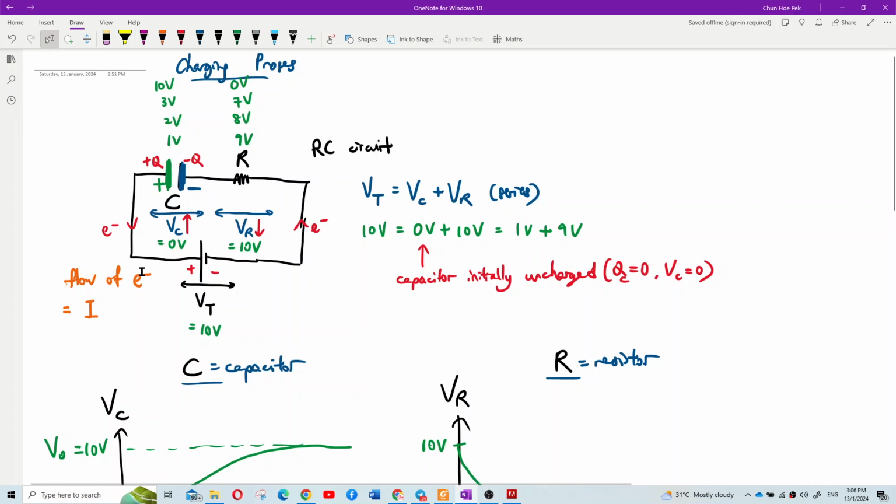But current is considered as a positive charge flow, opposite to the negative, opposite to the electron. So current is the flow of charge in the circuit.